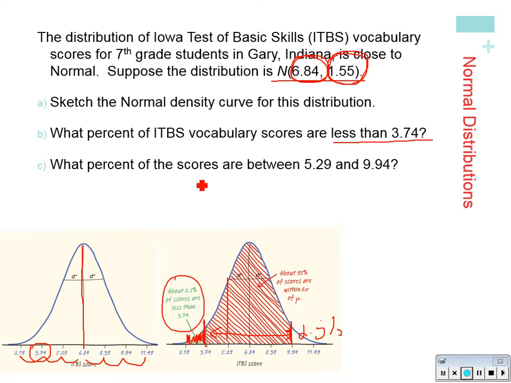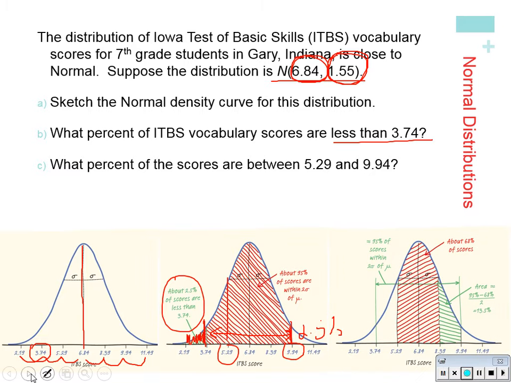And then part C asks, what percent of the scores are between 5.29 and 9.94? So when I take this here, we're basically looking at 1 standard deviation below the mean versus 2 standard deviations above the mean. There's a couple different ways to look at this.